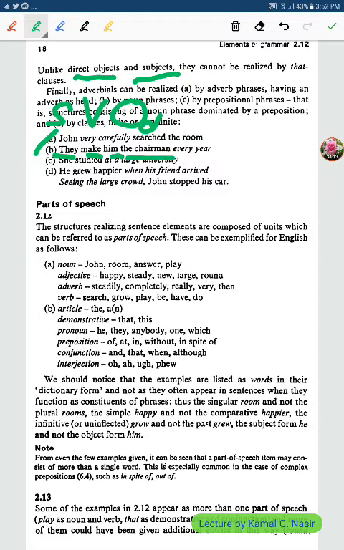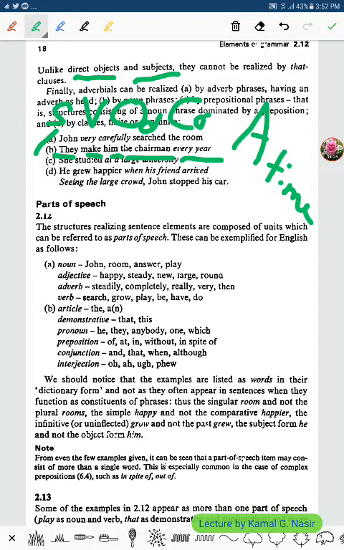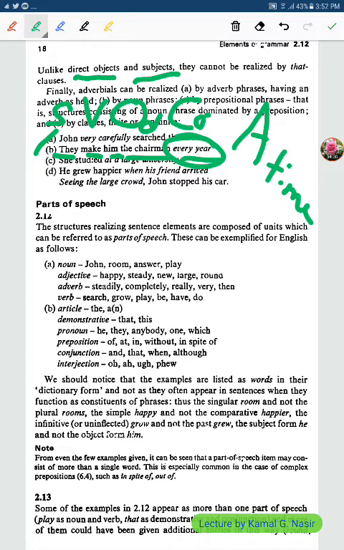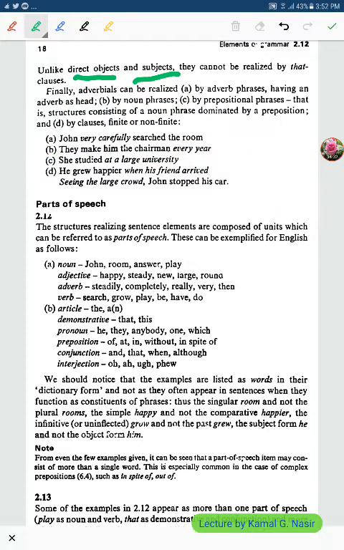The chairman is the object complement. And every year is an adverb of time. What is the type of every year here? It is a noun phrase, but it works as an adverbial.